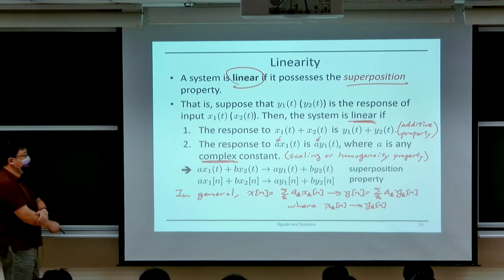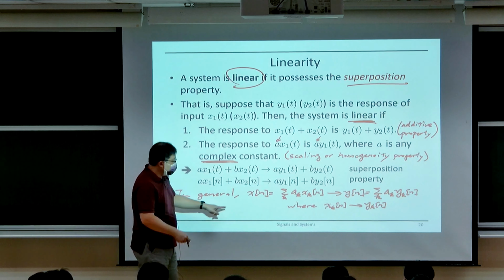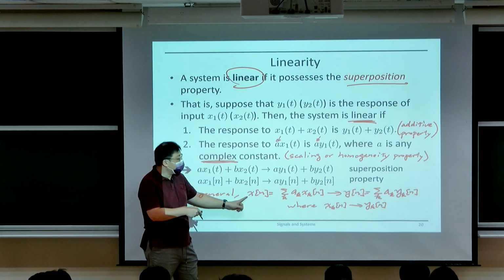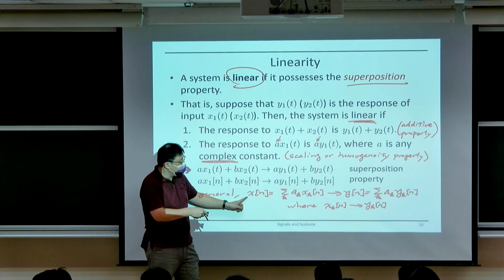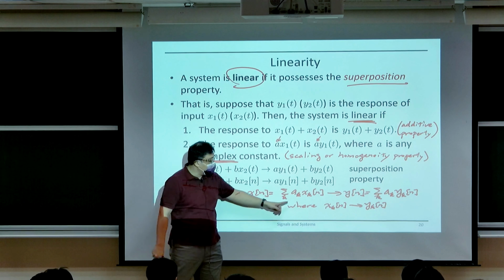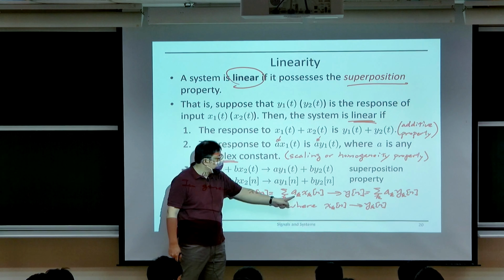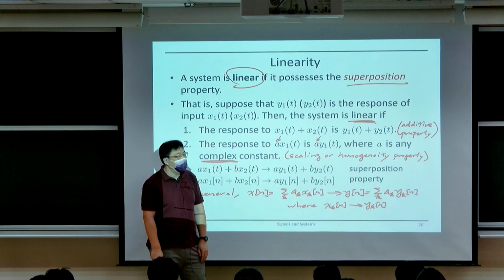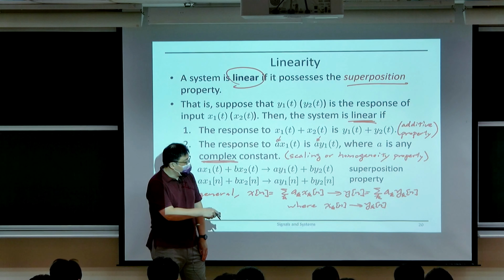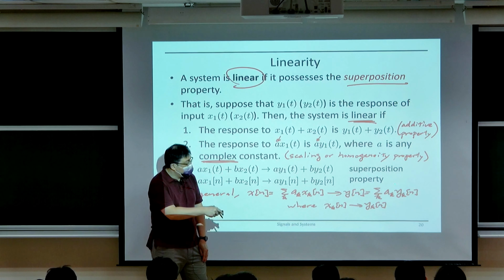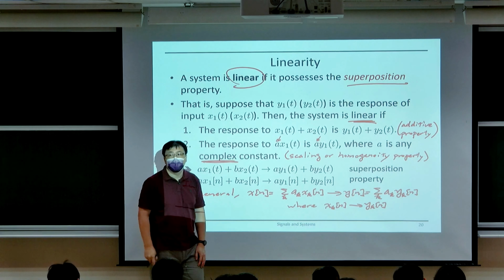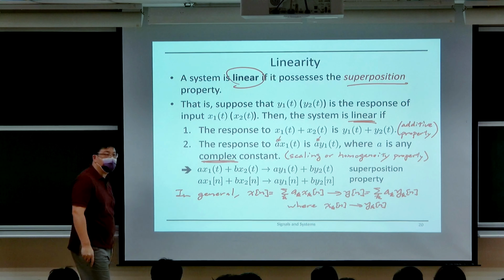So again, in general, if you have a signal x[n] that can be written as a linear combination of different signals xk with linear combining coefficients ak, then the output y[n] will be the linear combination of the corresponding outputs with the same linear combining coefficients.